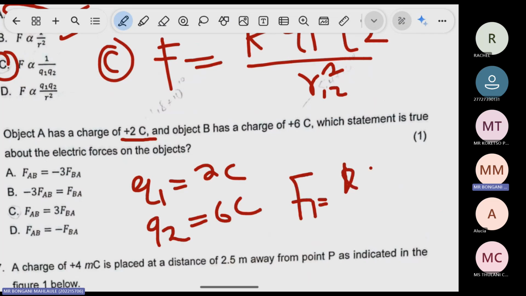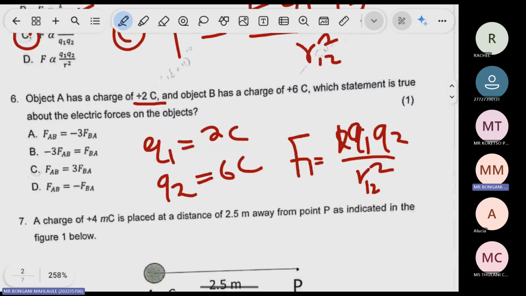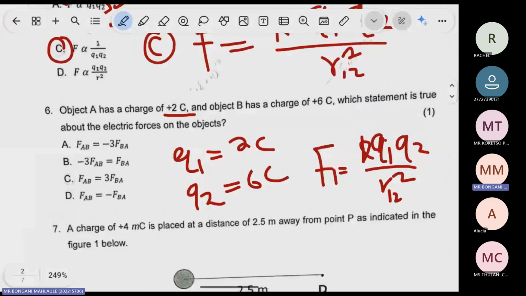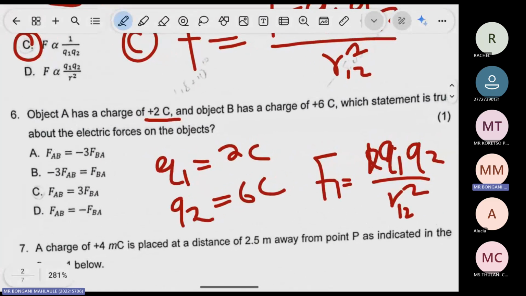You know, force is given as K Q1 Q2 over R squared. So will the force be the same or will it differ? It is going to differ, right? With the sign, I think. Yeah, the charge of 2C.